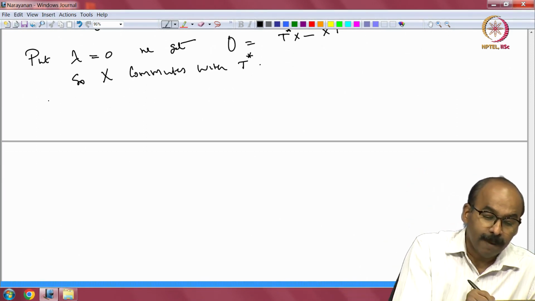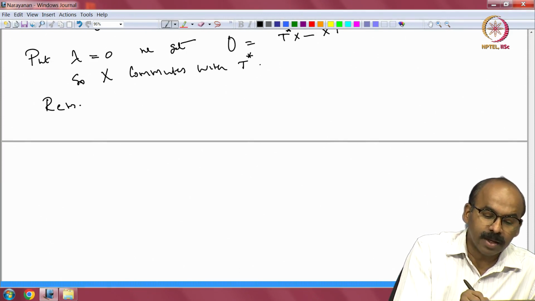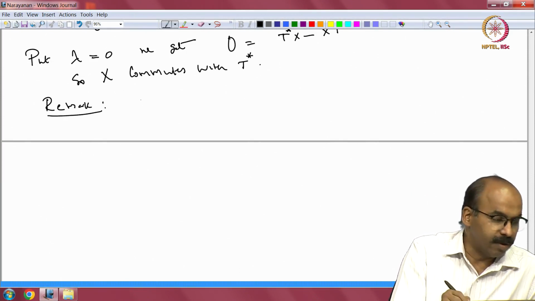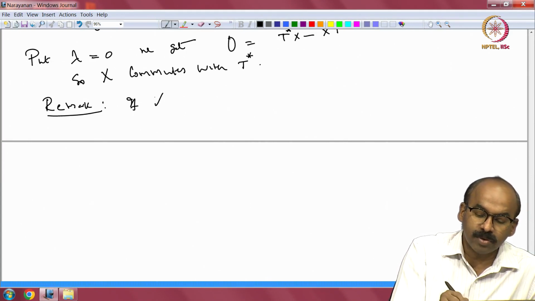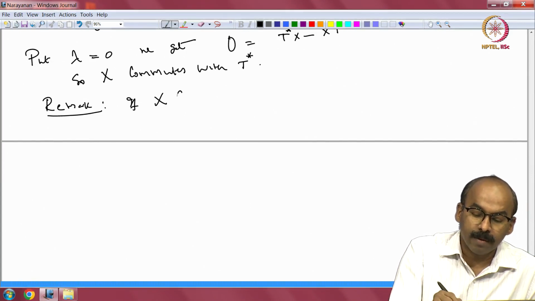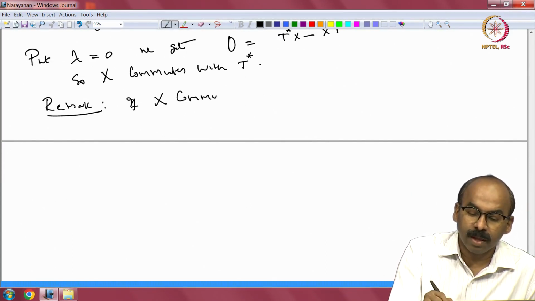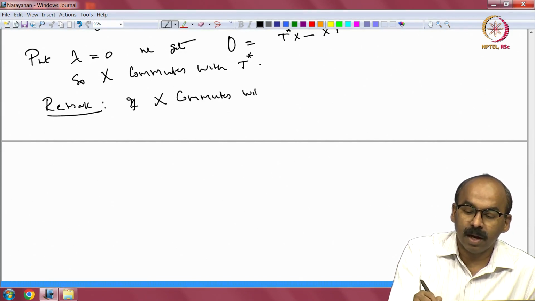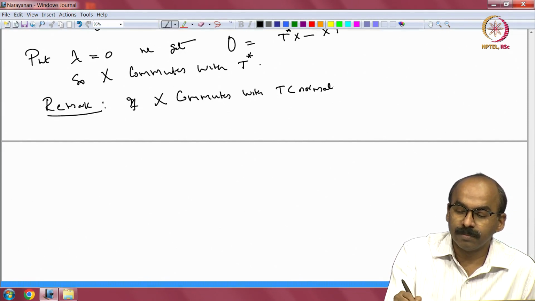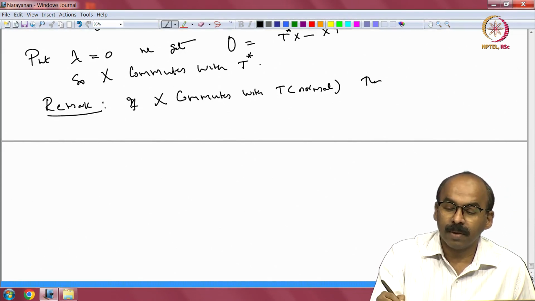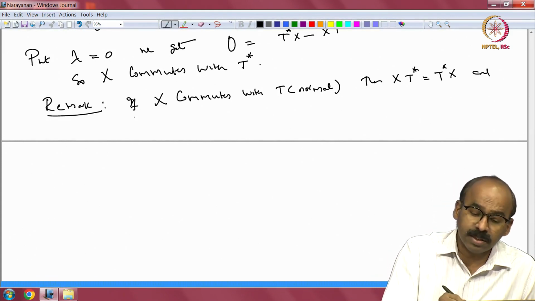Okay. So, let me write one remark because we can use this. If x commutes with t where t is normal, okay, then x t star equal to t star x, and so this is something we have done.